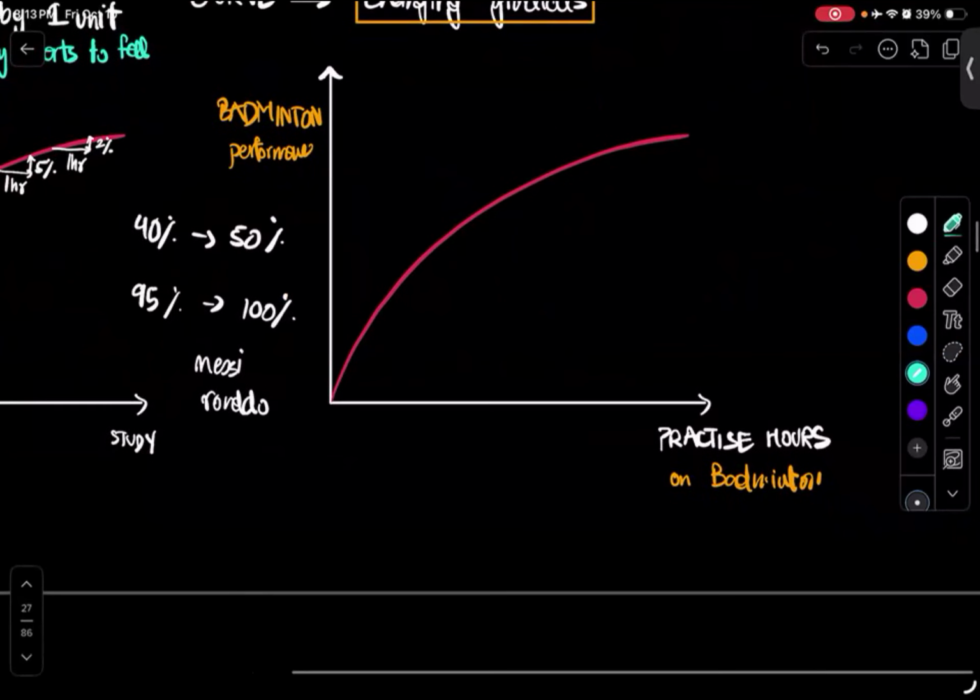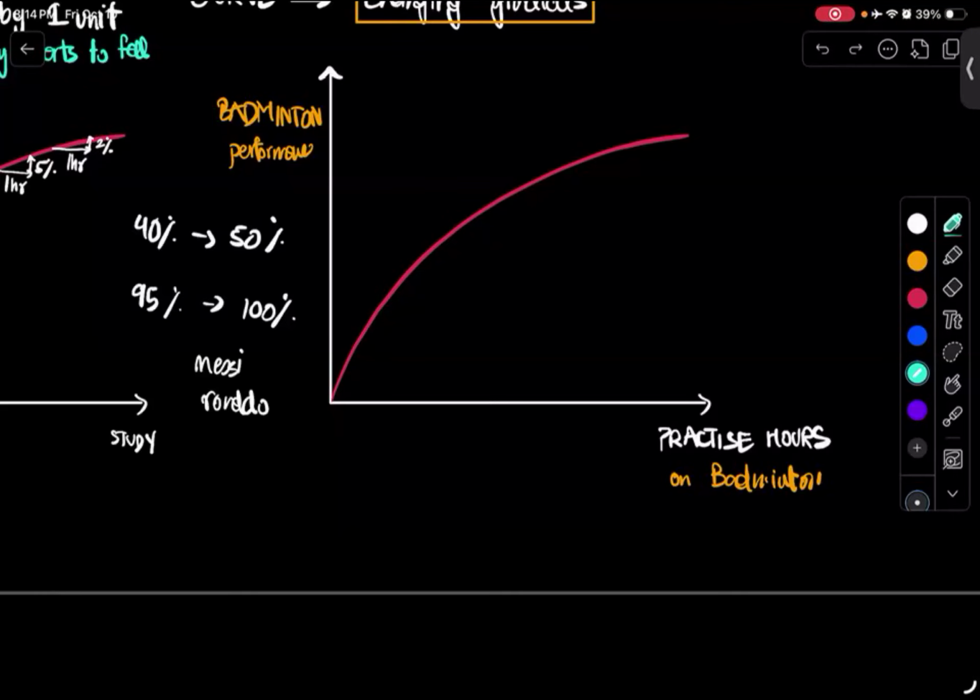Now, how do you calculate the gradient of a curve, by the way? You can't really do y2 minus y1 over x2 minus x1 for a curve. Did you know that? How do I find out the gradient for this curve? Any idea? I can't exactly do x1 over x2 and then y1 over y2.